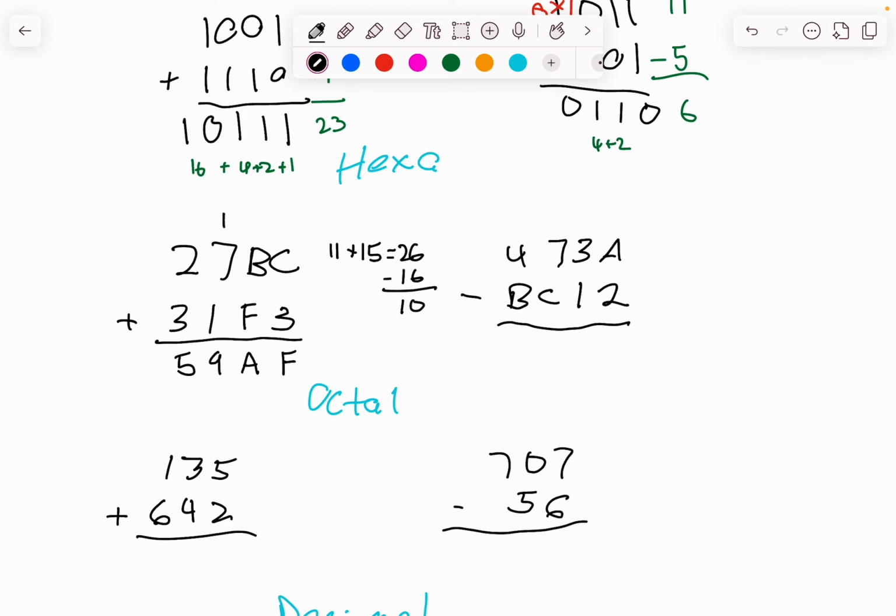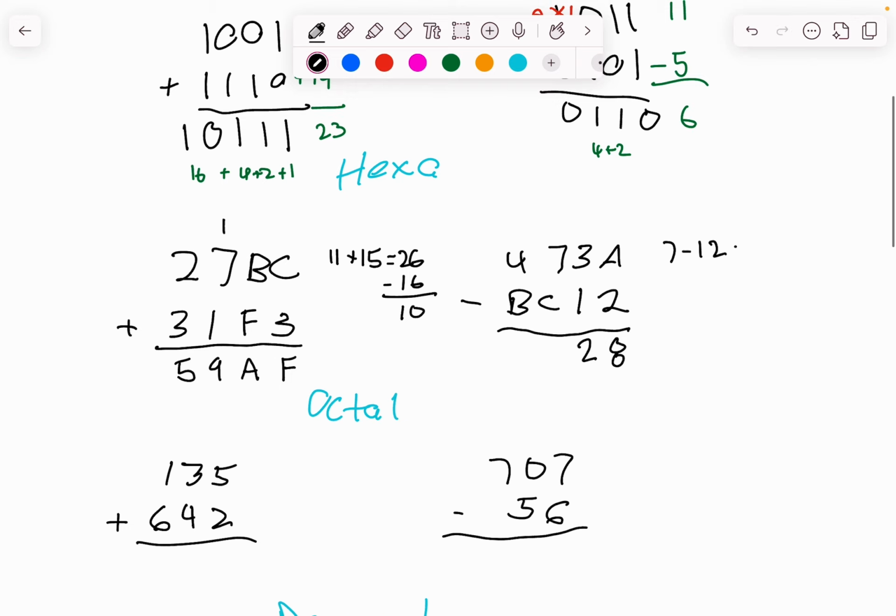For subtracting, we just do the inverse of what we did with addition. A minus 2: 10 minus 2 is 8. 3 minus 1 is 2. Then 7 minus C, so 7 minus 12, which equals negative 5, but then we add 16 to it, which gives us 11.